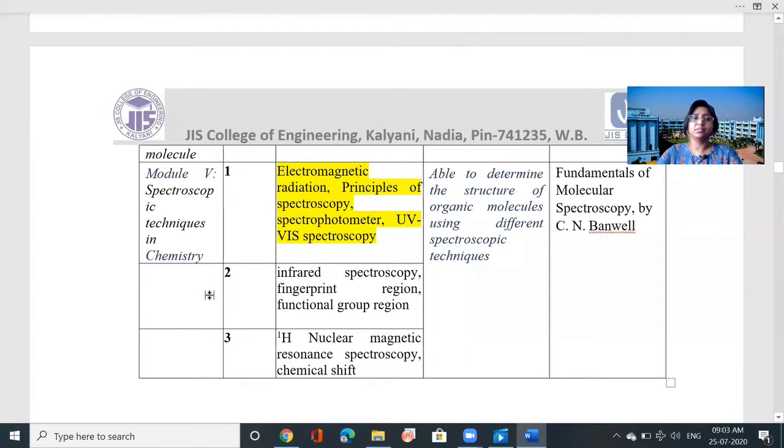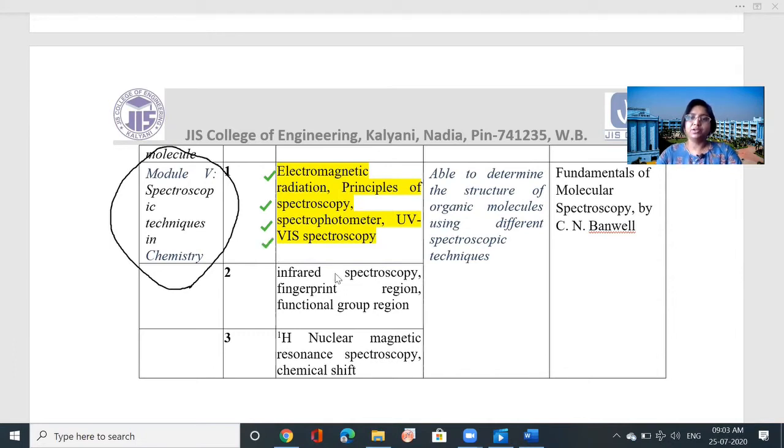There are 3 lectures. The first lecture covers electromagnetic radiation, principle of spectroscopy, spectrophotometer, UV-VIS spectroscopy. This part I will tell you today.